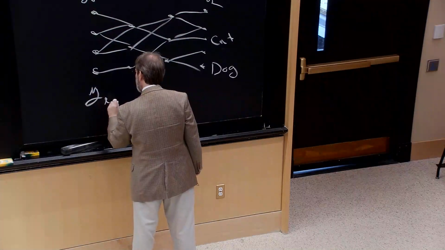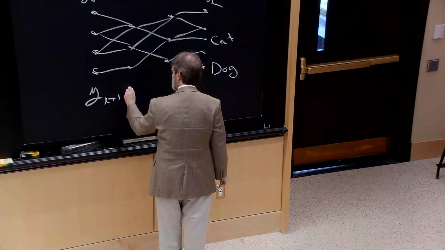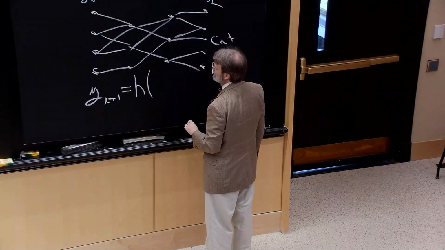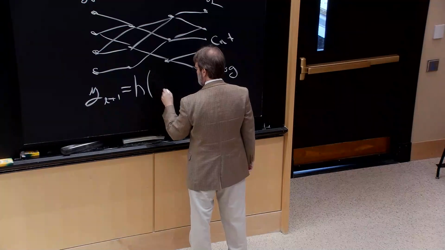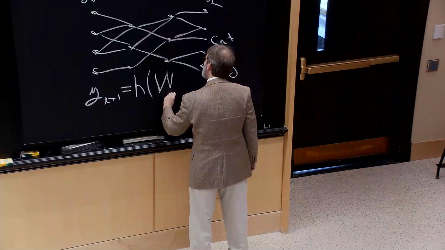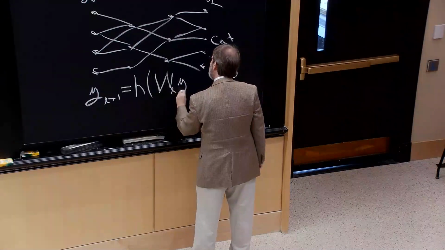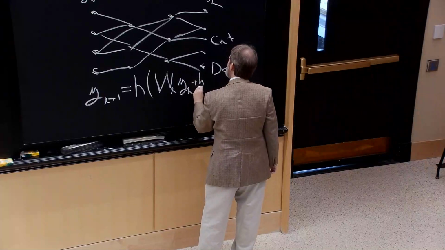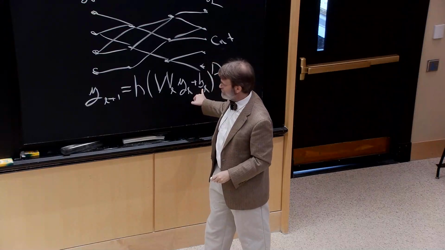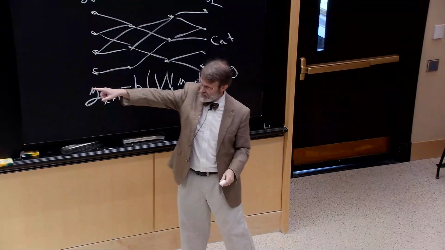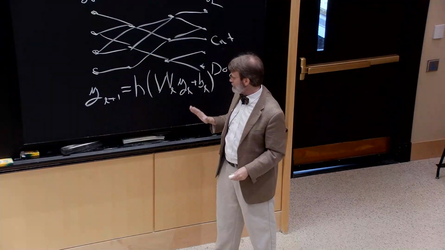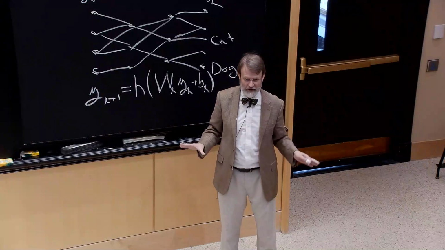So Y of L plus 1 equals h, which is just a nonlinear function, applied to W of L times Y of L, plus B of L. Y and B are vectors, and W is essentially an adjacency matrix or a weight matrix, which connects one layer to the next. This is the deep neural net equation. This is the whole thing, right?